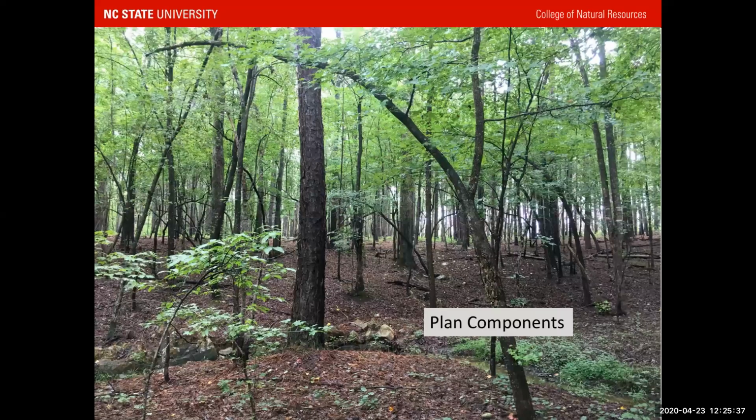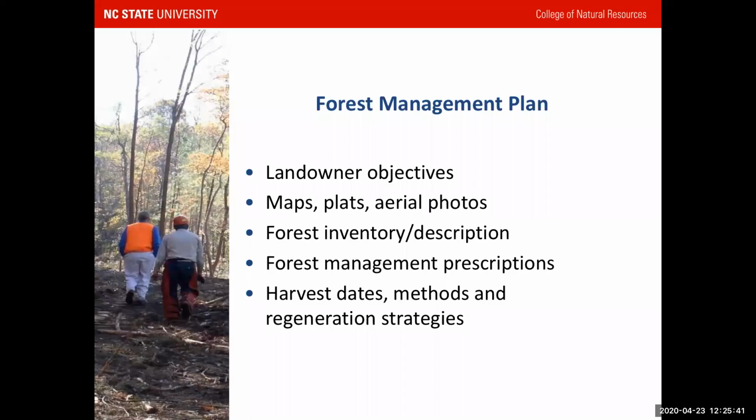So let's take a look at some plan components. And these components here reference primarily our present use tax program. For that program, the management plan has to have 5 elements in order for it to qualify. First, you need your landowner objectives.